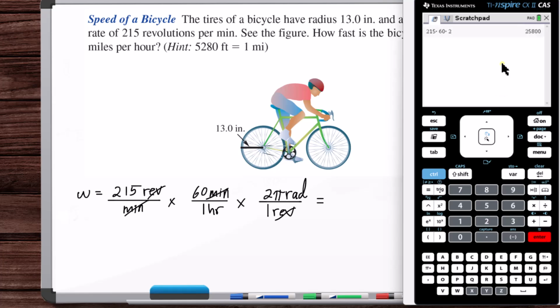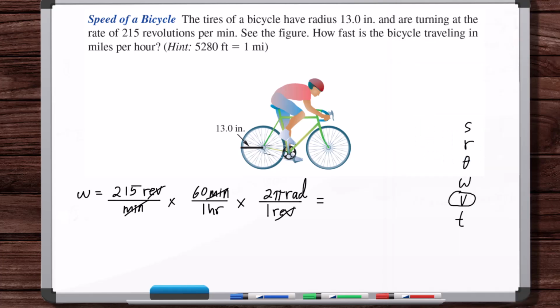And we can just leave this in terms of pi until the end. So 25,800 pi radians per hour.